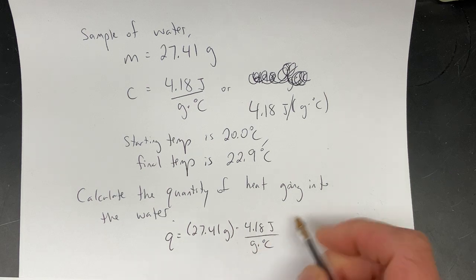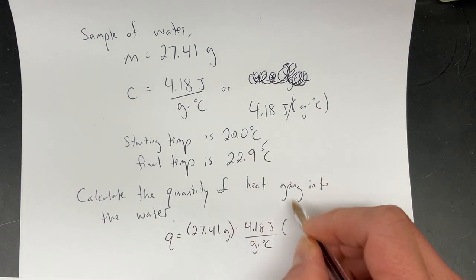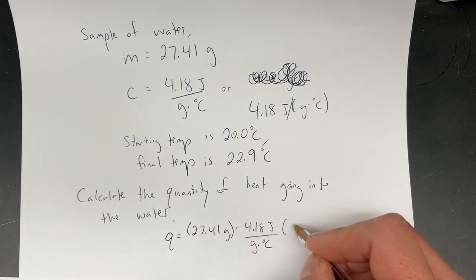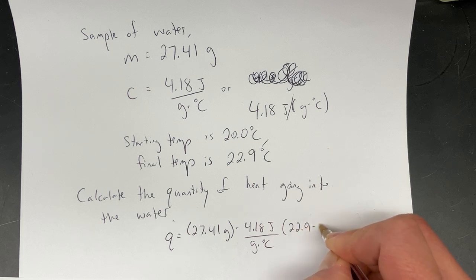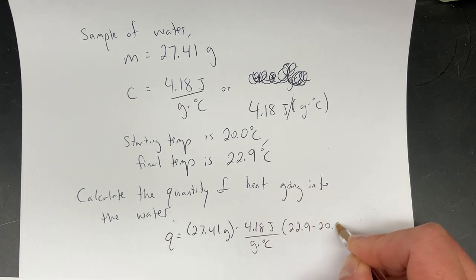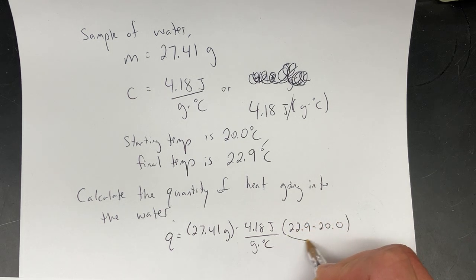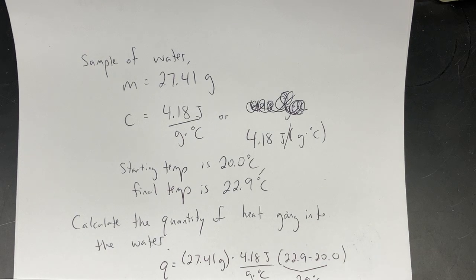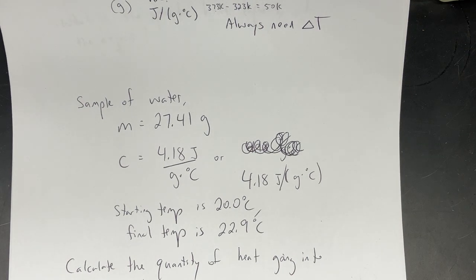Grams are going to cancel out. And then my delta T is my change in temperature. So it's 22.9 minus 20.0. Okay, so this ends up being 2.9 degrees Celsius. So I just take that and multiply it together. Let me get a calculator real quick.